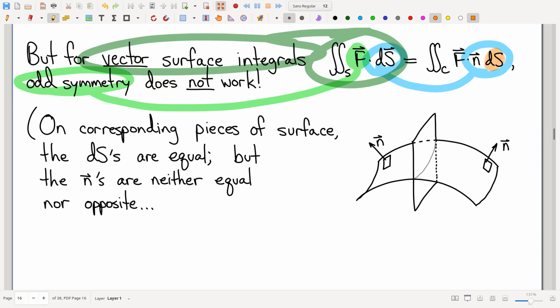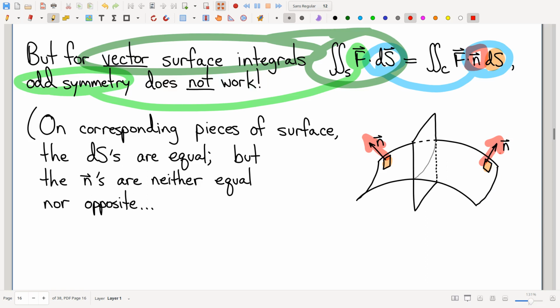While the ds scalars are the same, these two little pieces of area, I can slice it in such a way so that these are literally the same areas, these normal vectors aren't. The normal vector, the little n, they're just not the same. So it's just flat. Doesn't work.